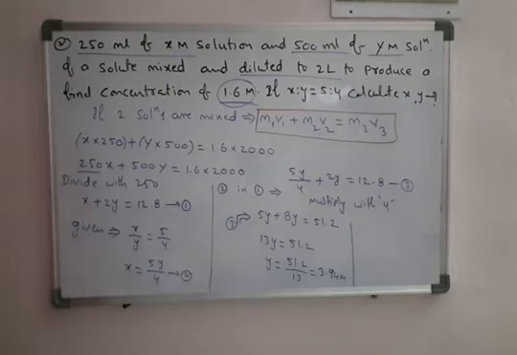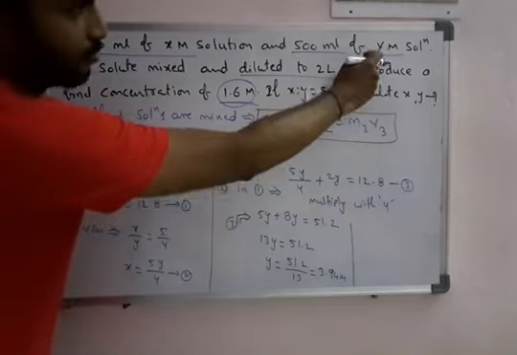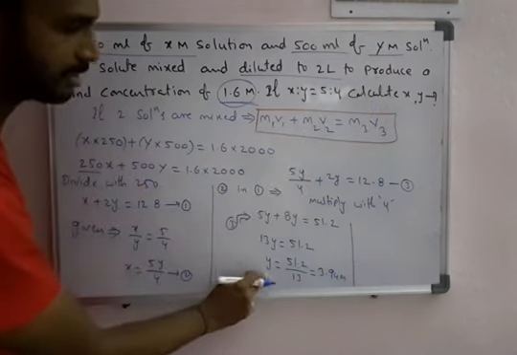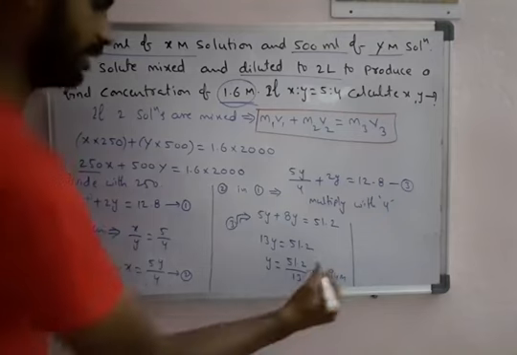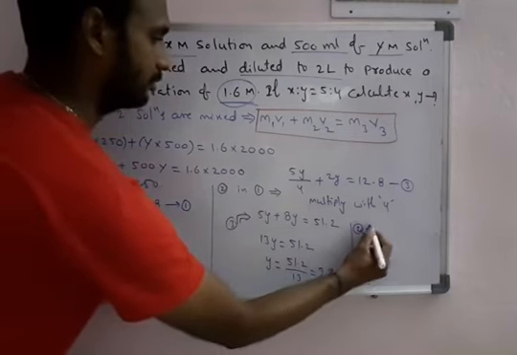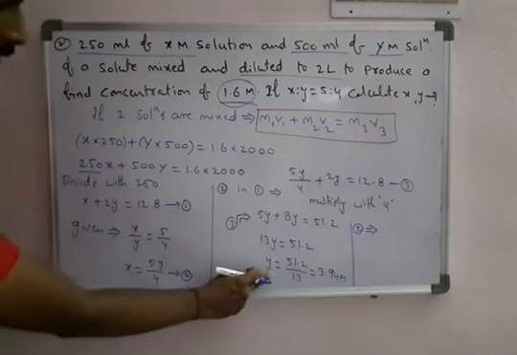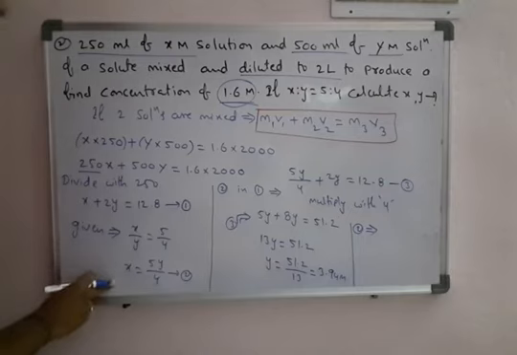So the molarity of y, the molarity of the second solution given as y, is calculated as 3.94 M. Now in the second equation, substitute the y value, and we get the x value.